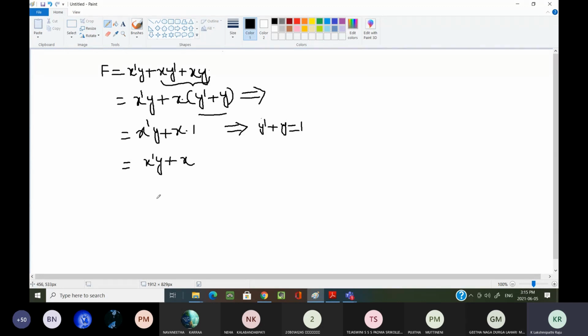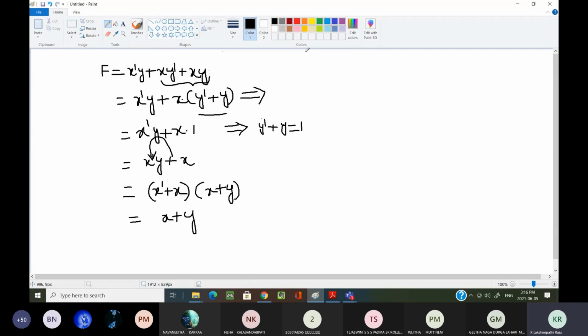Now again you can use your distributive law. Plus is distributed over dot. By using that rule, x dash plus x, I can write it as x plus y. I can write it in this format. Now finally we know x dash plus x equal to 1. The final expression, I can write it as x plus y.